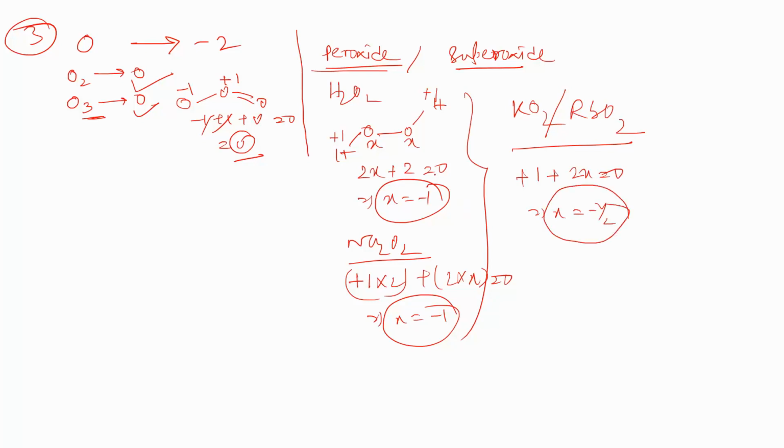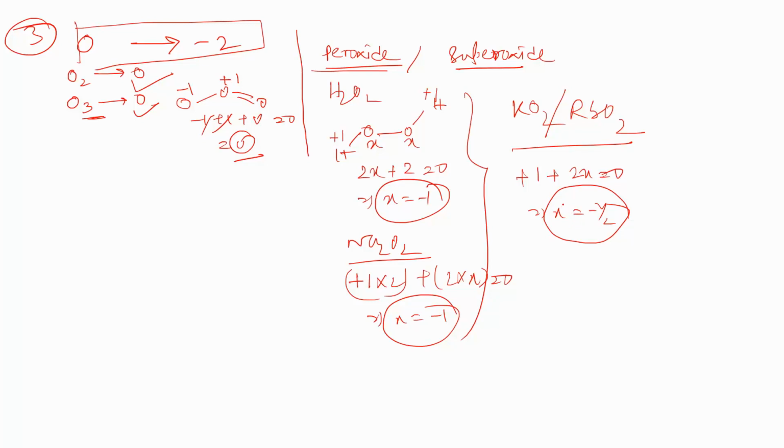So you see, we know that oxygen has the general oxidation state -2, but here it depends on the structure, on the attached element, which type of element is attached to oxygen. Based on that, the oxidation number of oxygen will be decided. Here in potassium KO2, oxygen has the -1/2 oxidation state.